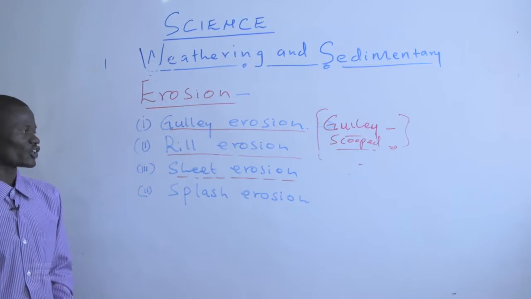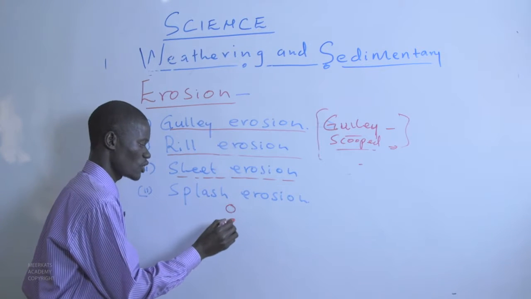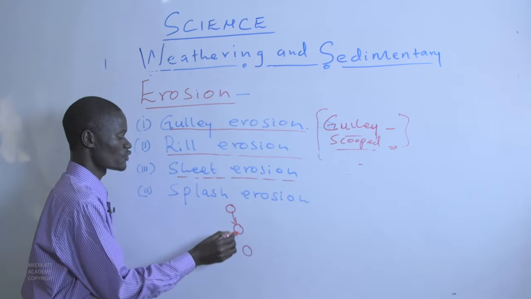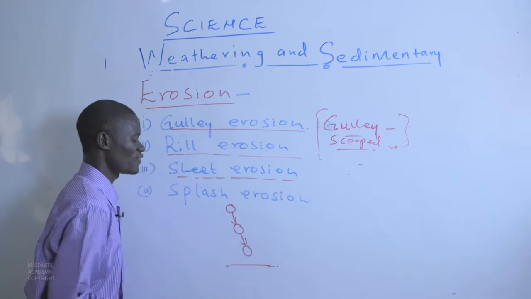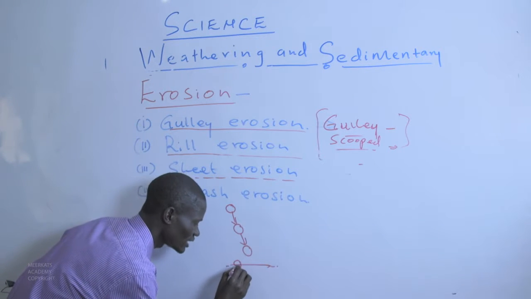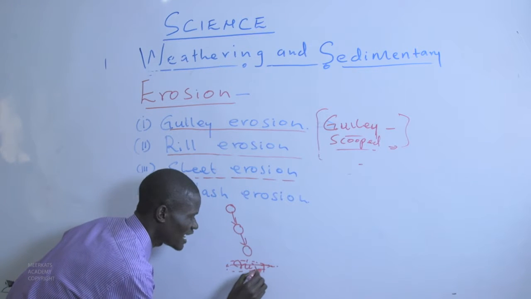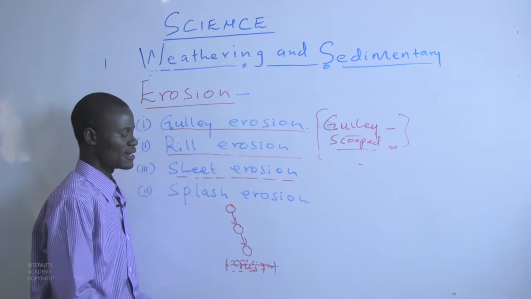Whereas with splash erosion, let us look at some drops of water, maybe coming from the rooftops, and as they land on the Earth's surface, especially on the crust, we find there are fine, loose and unconsolidated materials.